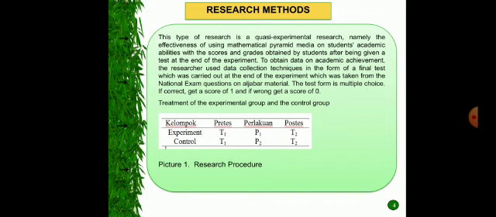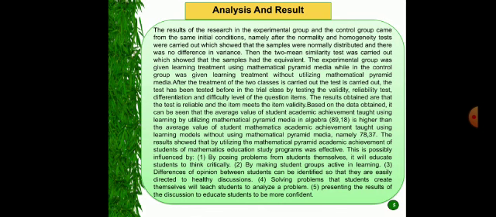Then the two mean similarity test was carried out, which showed that the samples were equivalent. The experimental group was given learning treatment using mathematical pyramid media, while the control group was given learning treatment without utilizing mathematical pyramid media.